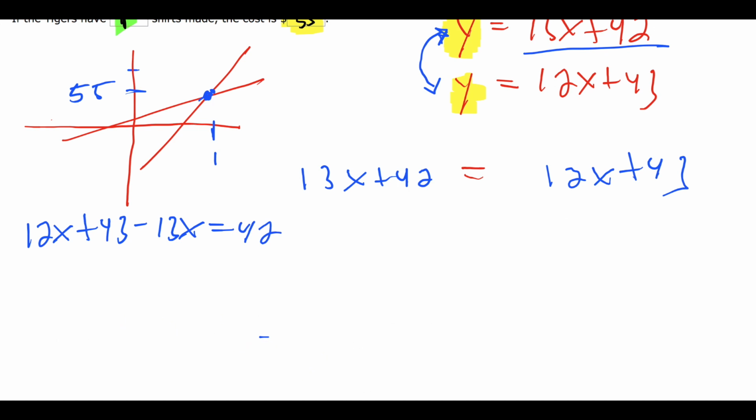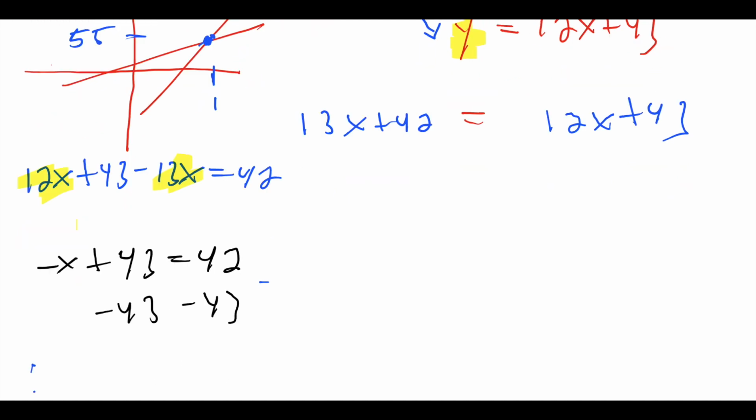To answer your question, what do you do next? We have these like terms on the same side of the equal sign, so we can go ahead and combine them. So you have negative x plus 43 equals 42, then minus 43 on both sides, and you have negative x equals negative 1, so x equals 1.